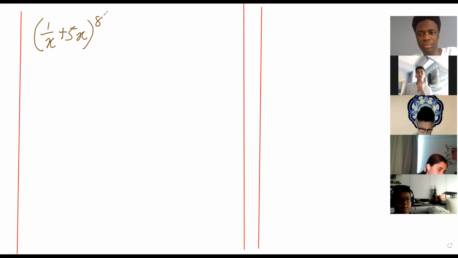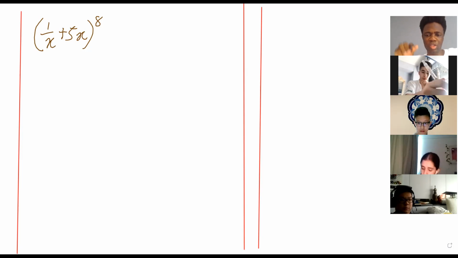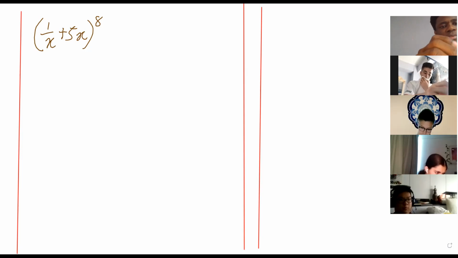So, right? And it says the coefficient of x squared in that expansion is equal to the coefficient of x to the power 4 in another expansion. So in this expansion, we are dealing with x squared.